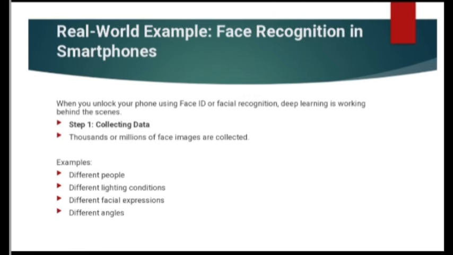The first step in deep learning is data collection. A neural network learns from examples. For face recognition, millions of images are collected. These images contain different people, different lighting conditions, different camera angles, and different facial expressions. For example, a face image may be the image of John.